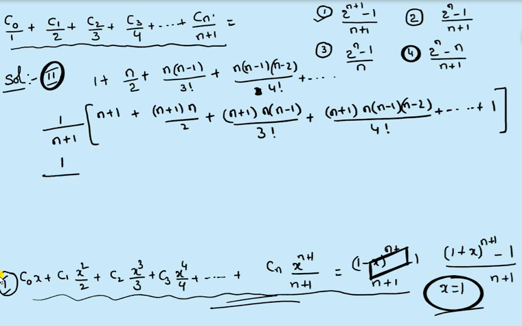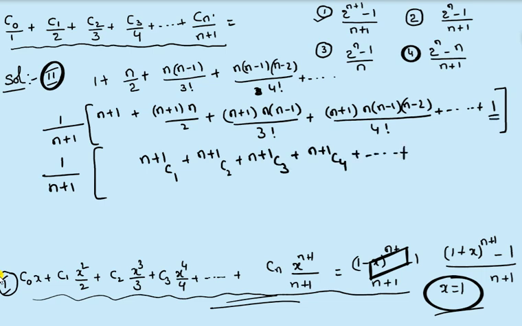that is equal to 1. Next observe here, this we can write as 1 by n plus 1 into n plus 1 C1. The next one we can write n plus 1 C2, the next one n plus 1 C3, plus, next one n plus 1 C4, plus and so on. That 1 can be written as n plus 1 C n plus 1.